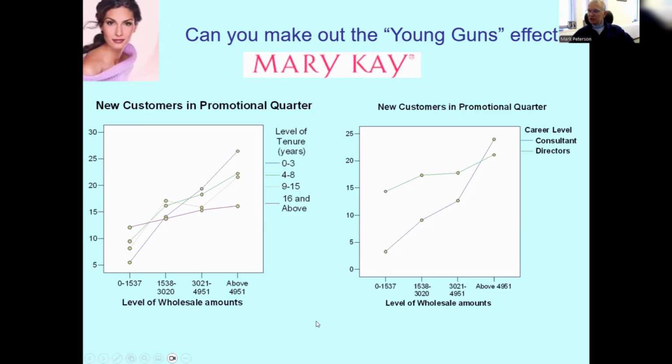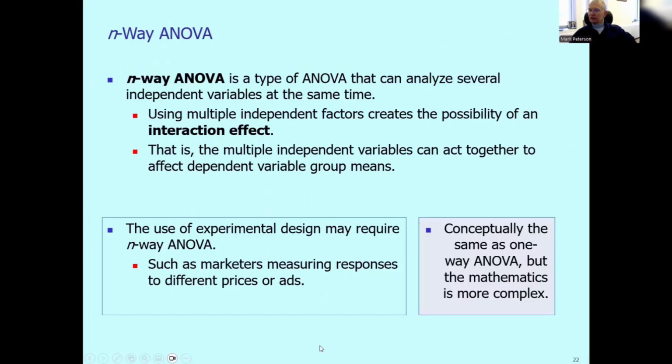There is an interaction effect between years as a salesperson and the amount of wholesale sales for these people. The dependent variable here would be number of new customers.